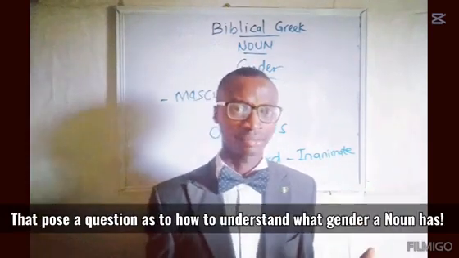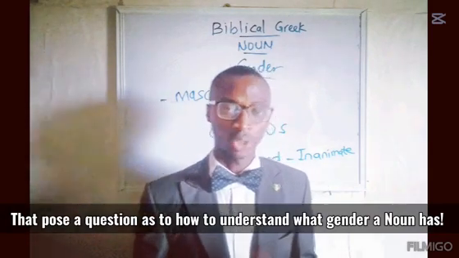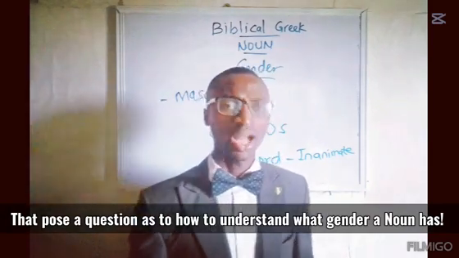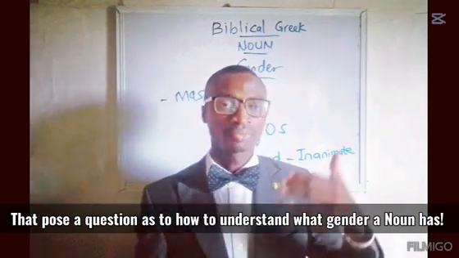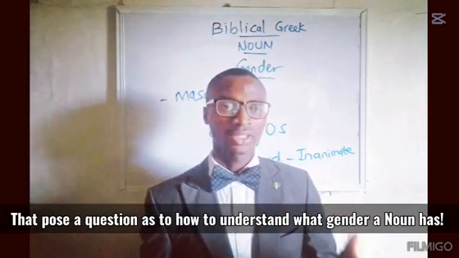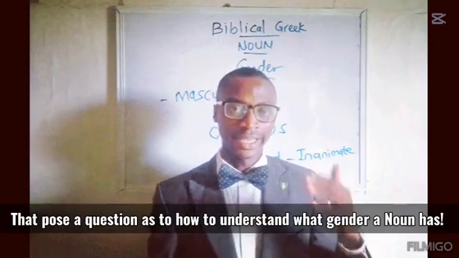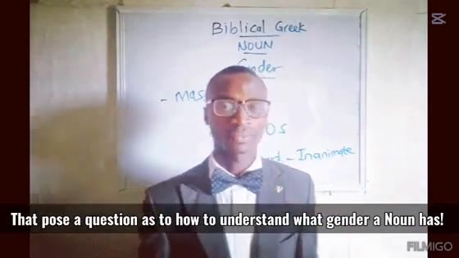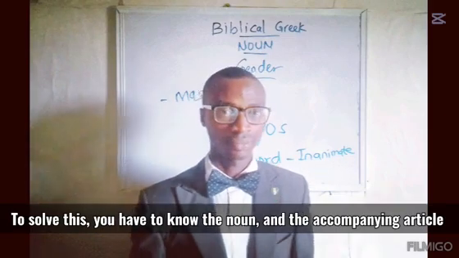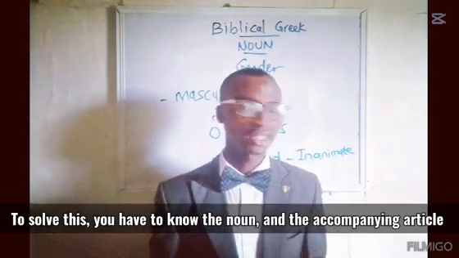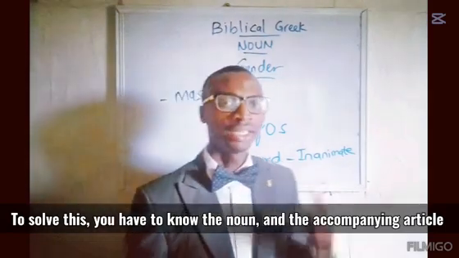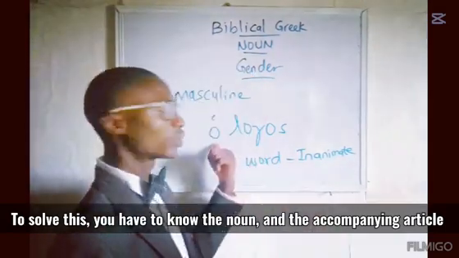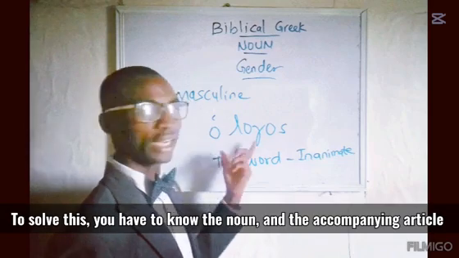That puts a question as to how to know which gender a noun has. To do that is very, very easy. You have to understand the noun and the article accompanying that particular noun.